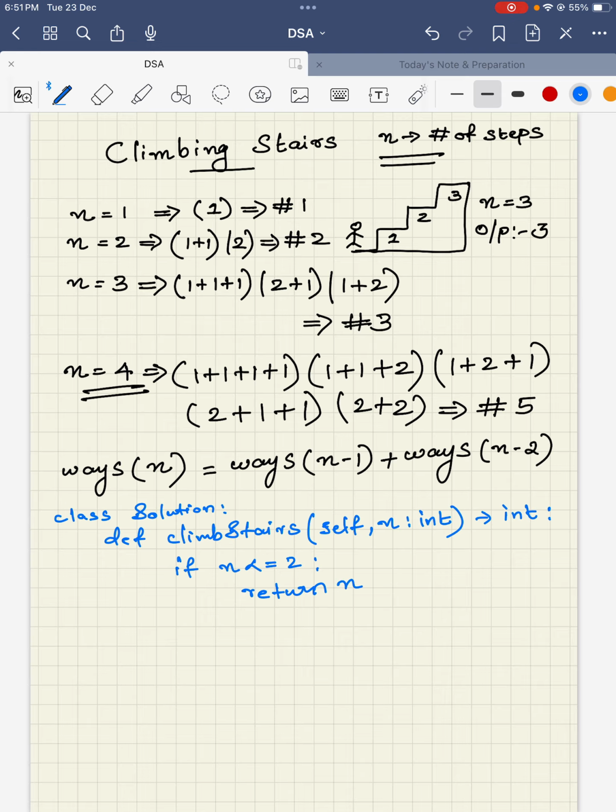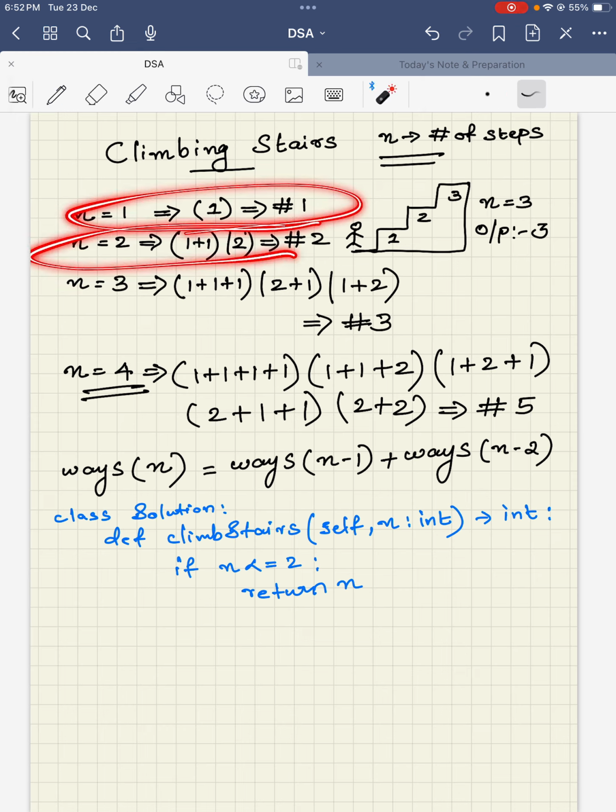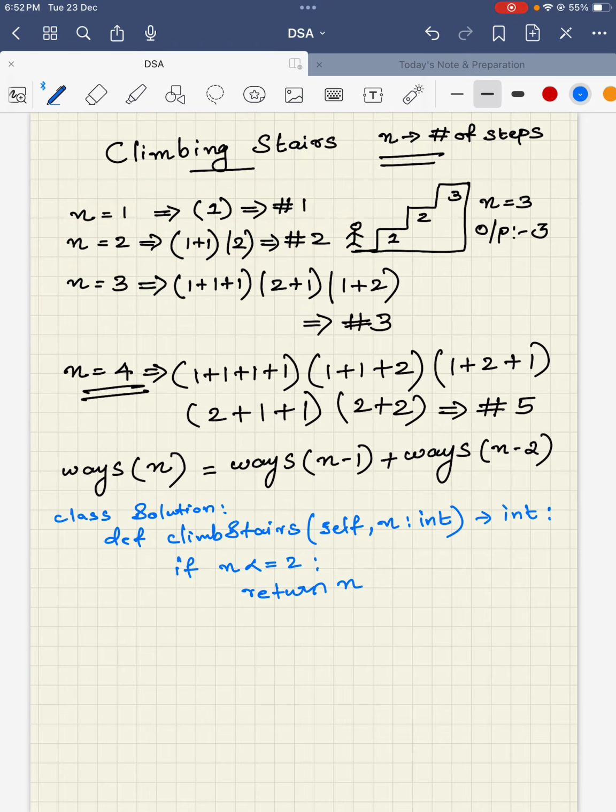And to simulate the number of ways for n more than 2, we need the information of this 1 and this 2. So for that, let's use two variables. Let s1 be 1, and s2 be 2. This information is gathered from these two places.